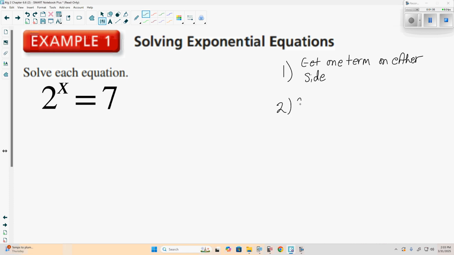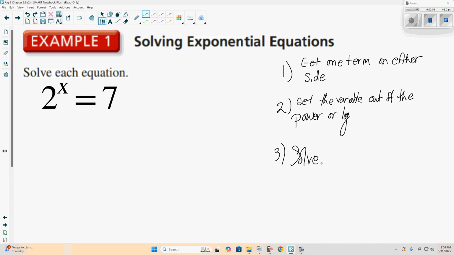The second is to get the variable out of the exponent, or log, so that we can solve it. And the third step is to just solve. These are the three main steps we go through for solving these.